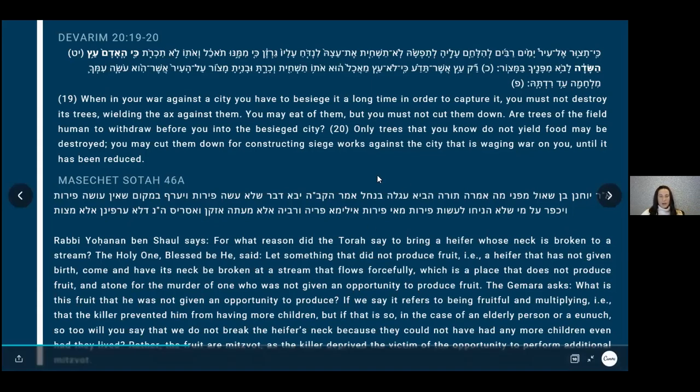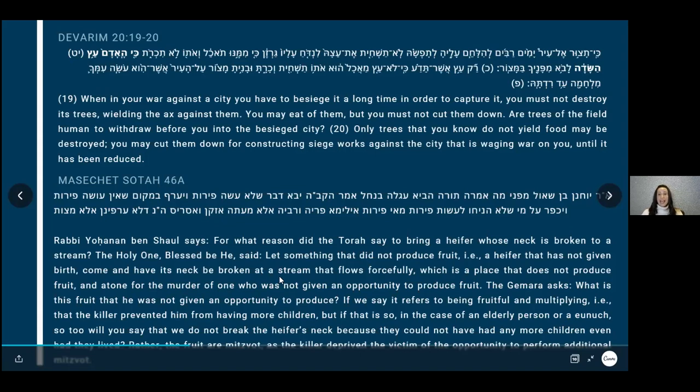So in this very interesting set of laws, which we don't have time to go into tonight, the Holy One, blessed be He, said, "Let something that did not produce fruit," meaning this Egla Arufa that has not given birth, "come and have its neck be broken at a stream that flows forcefully," which is a place that does not produce fruit.